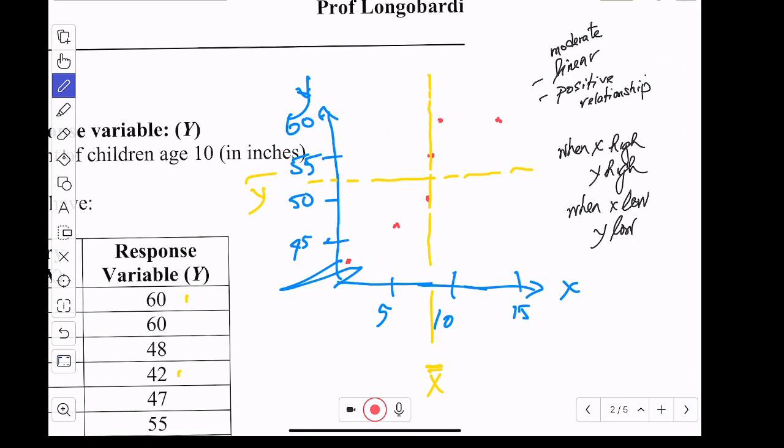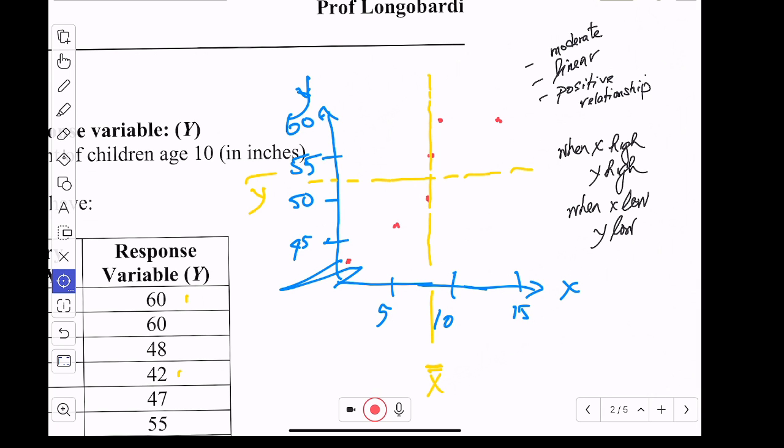And that takes care of that. So this moderate refers to the strength of the relationship, how close the observations would be on any line that I could use to substitute the dots. It's linear as opposed to anything else, and it's positive.